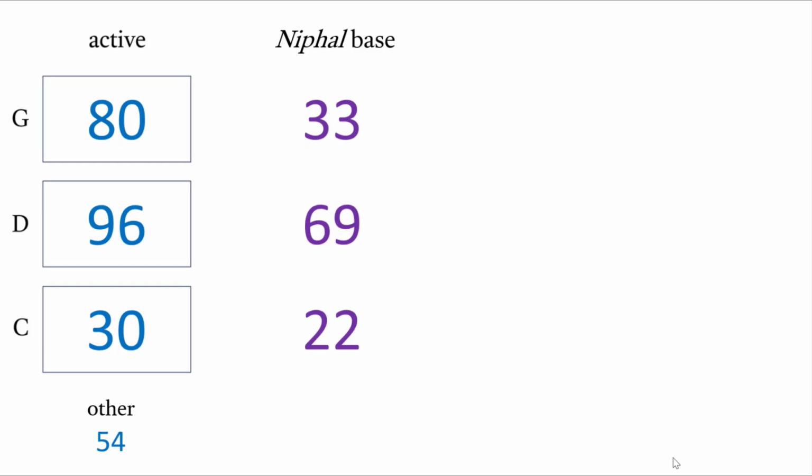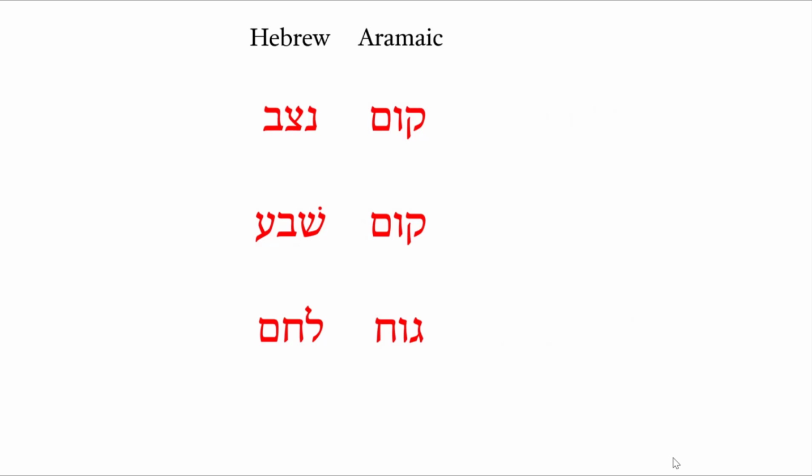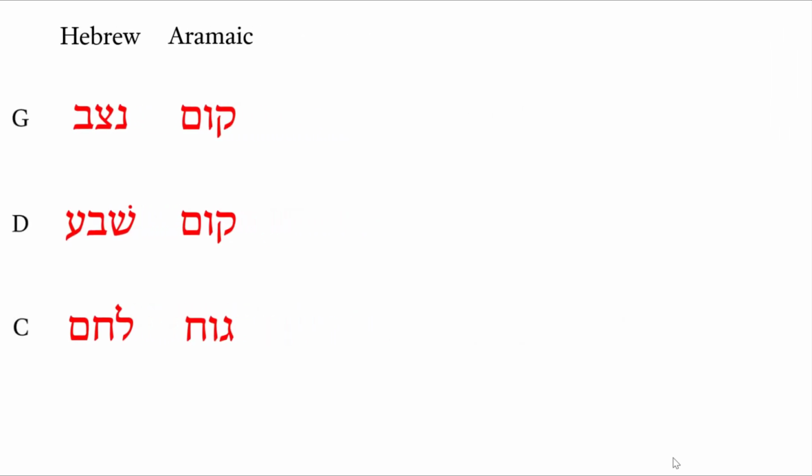So just quick examples of that. For the Hebrew column, these are all nifals, okay? For the Aramaic column, they're GDC. So that's what I'm doing in positioning them in such a way.